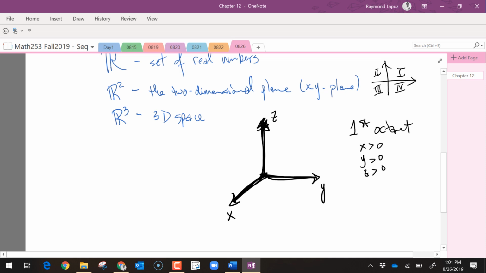So that's when x is greater than 0, y is greater than 0, and z is greater than 0. And so these octants are broken up, just like the quadrants are broken up by the axes. These octants are broken up by what are called coordinate planes. And so there are 3 coordinate planes, and we can look at them from the positive portion or in their entirety.